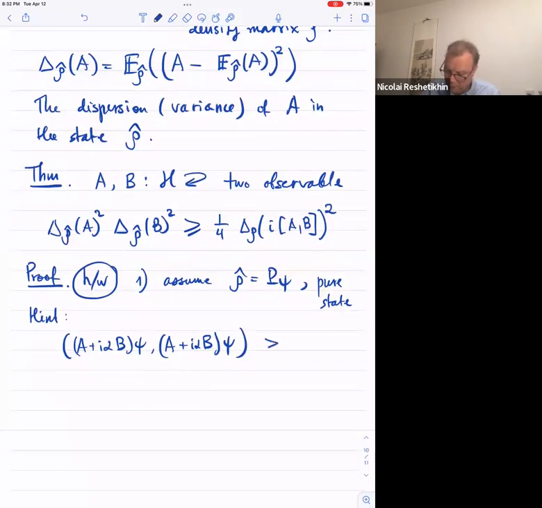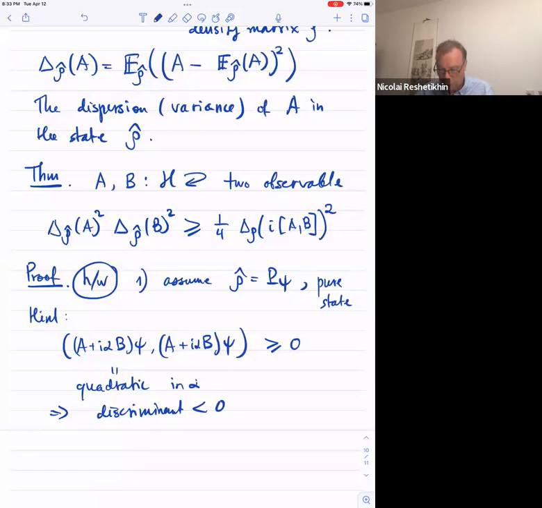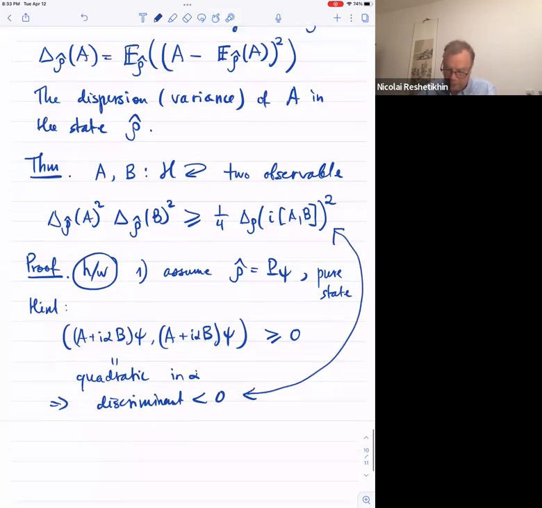If you consider this, it's clearly non-negative, and it's a quadratic polynomial in alpha, which means that the discriminant should be negative for the polynomial to be non-negative. And then if you do the homework, you will see that this is exactly the statement.